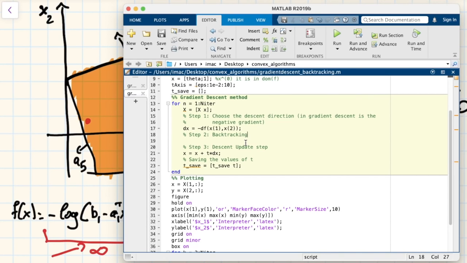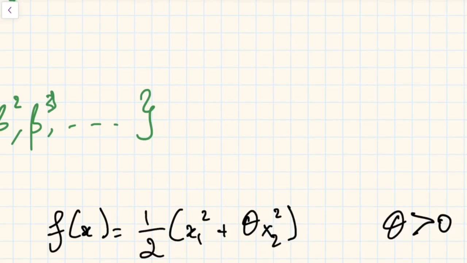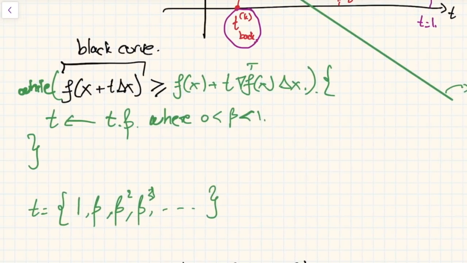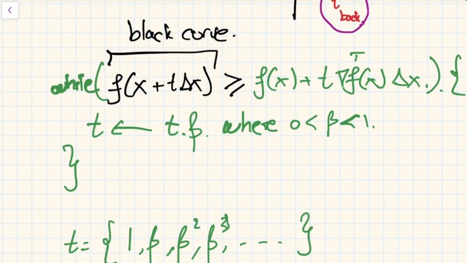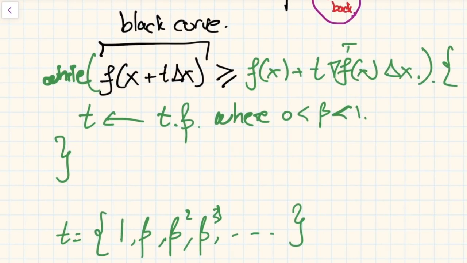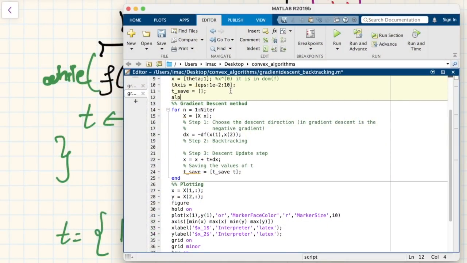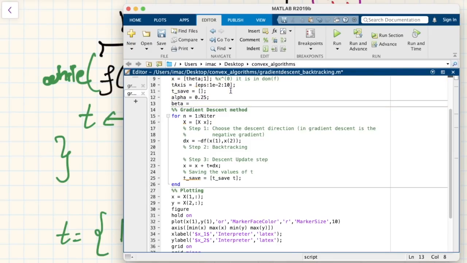And in backtracking, as we said, backtracking was the last thing we explained, we're going to be iterating according to this loop. So we need to define an alpha, which is between 0 and 0.5, let's set it to 0.25, and a beta, which is between 0 and 1. And this controls the factor step size.